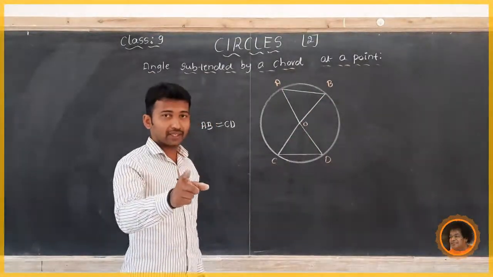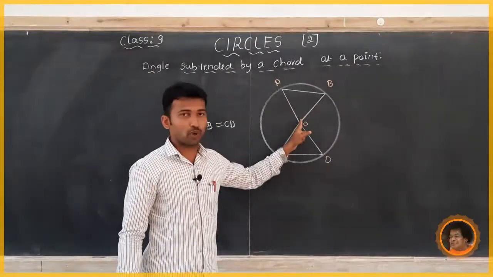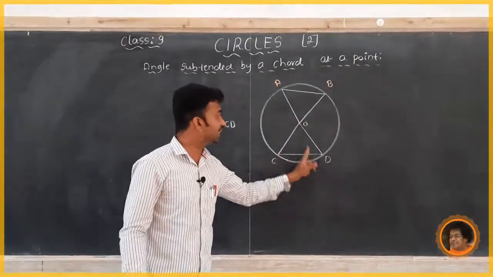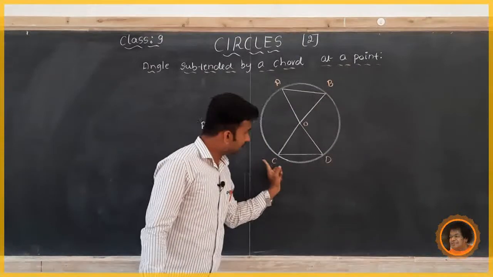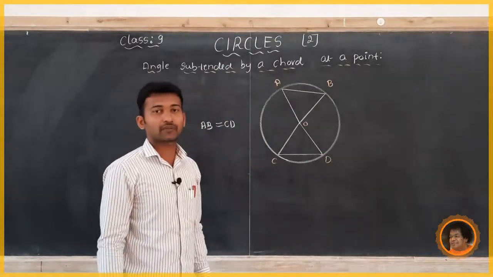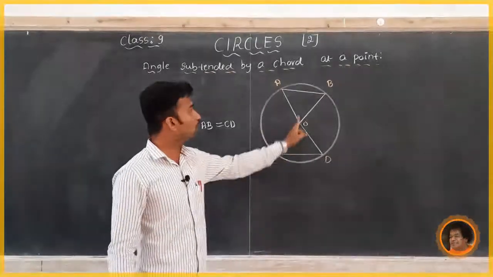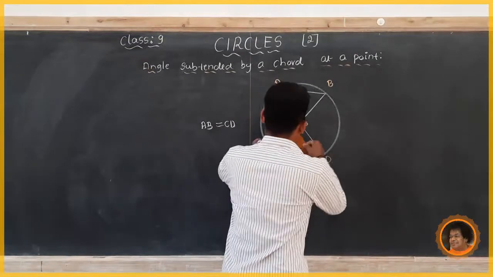Angle AOB is the angle subtended by the chord AB at the center O. Angle COD is subtended by the chord CD at the center O. And AB is equal to CD. Now measure the angles AOB and COD by using a protractor.